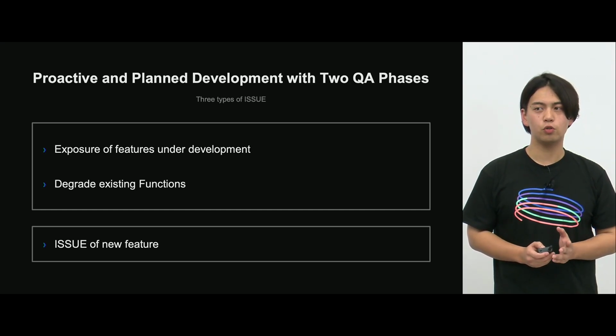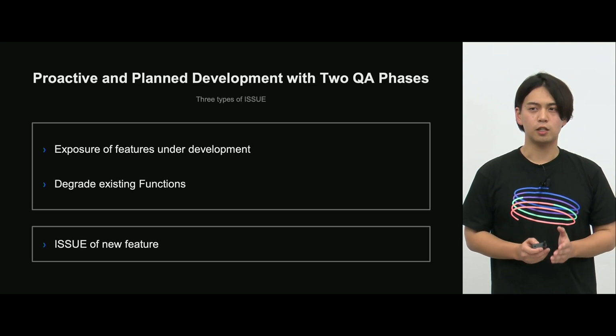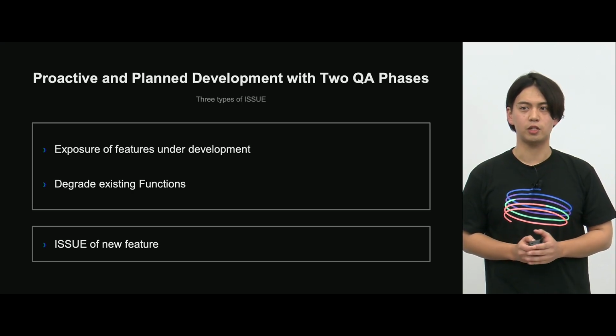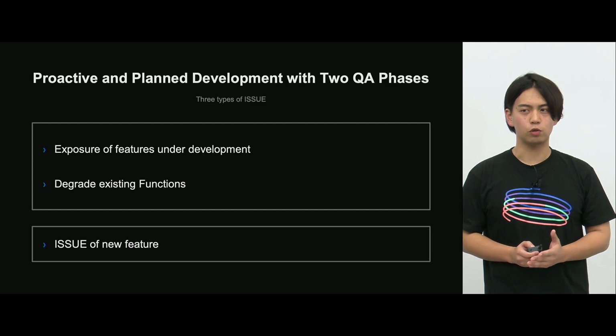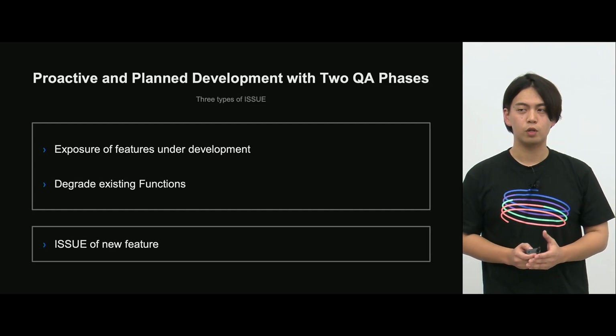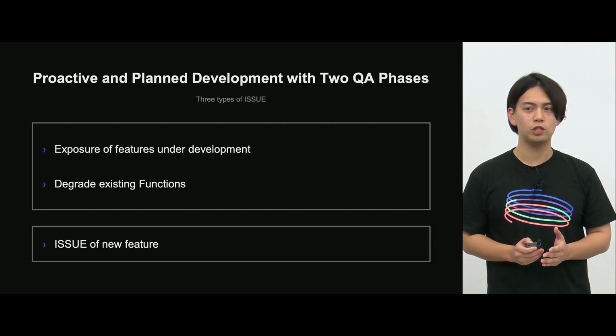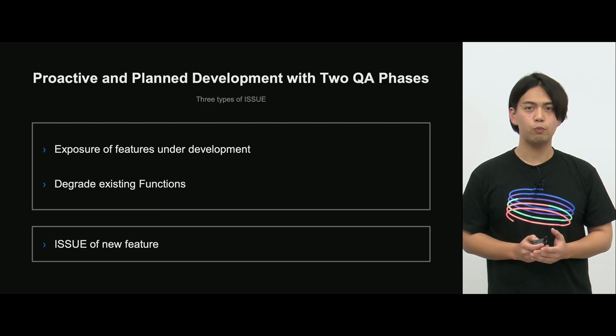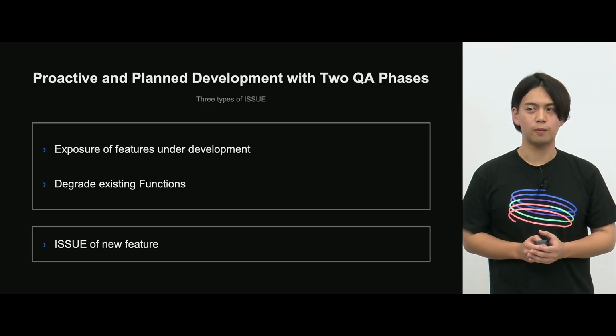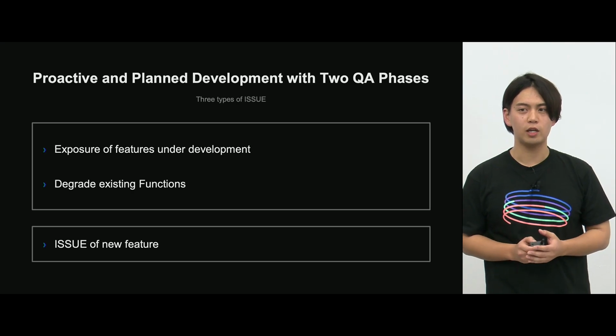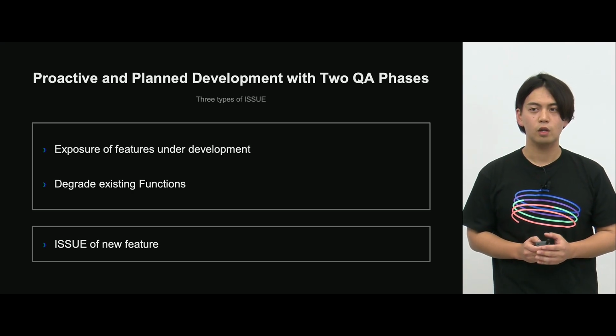We have classified these issues into two large groups: exposure of functionality under development and degradation of existing functionality, and functional issues for new functionality. The new functionality issues only occur in environments where the toggle is turned on.